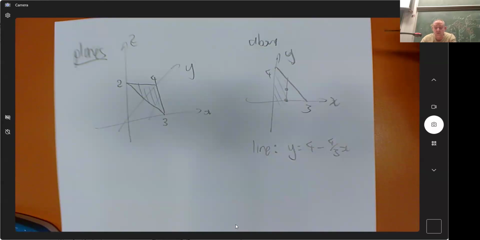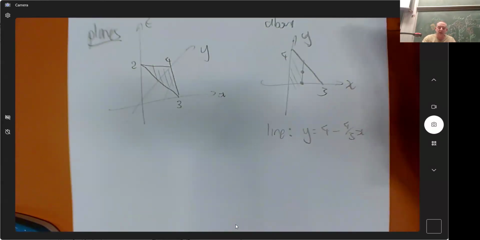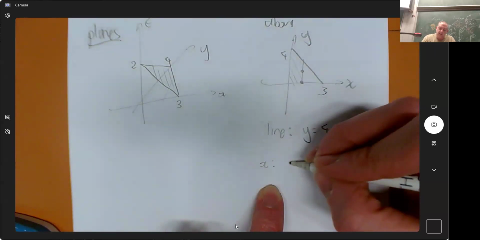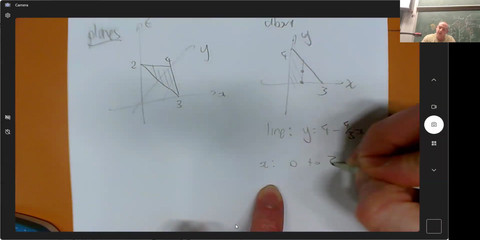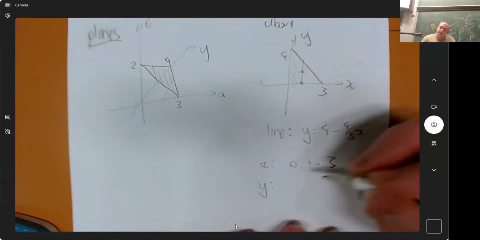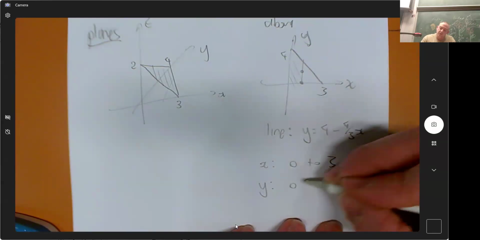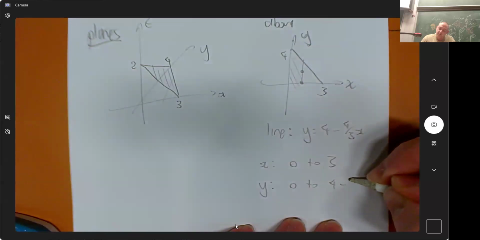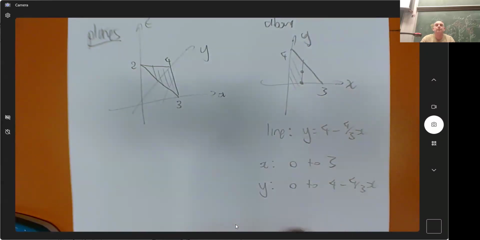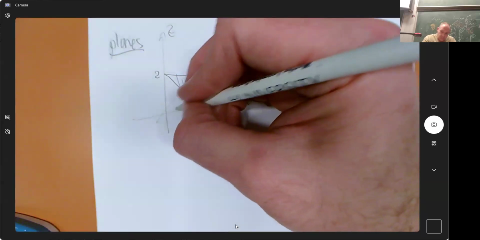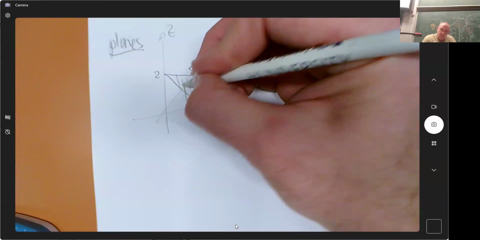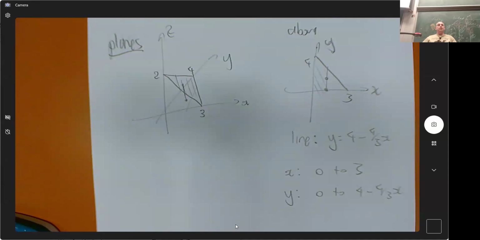For every 3 across, it goes 4 down. And so that means that I can choose my x's between 0 to 3, and then choose my y's from 0 to whatever x was. That's a thing I can do. And then once I've chosen my location for x and y, which is about here, then I have to go up to where z is.